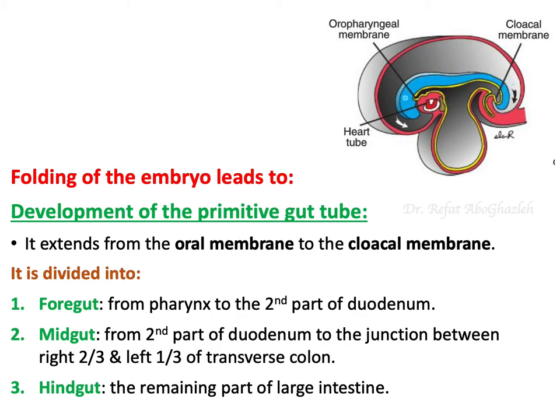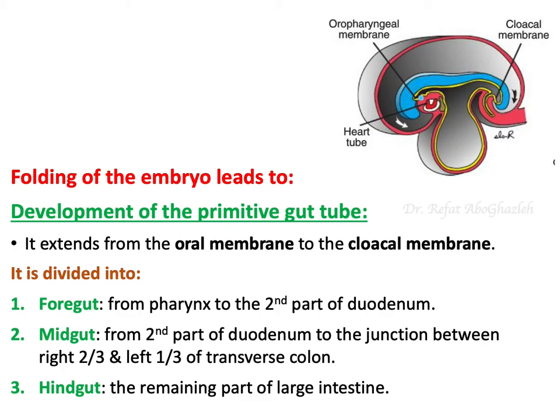That leads to or enhances the axial folding of the embryo. And of course, the development of the primitive gut tube that we explained extends along with the ectoderm, and back again to the gut tube.